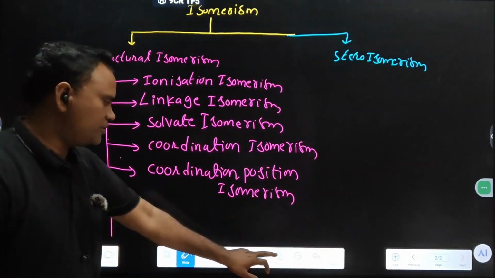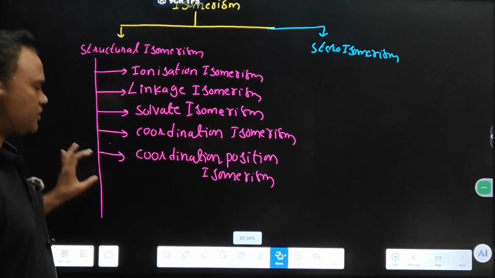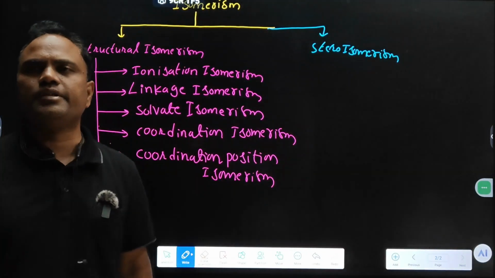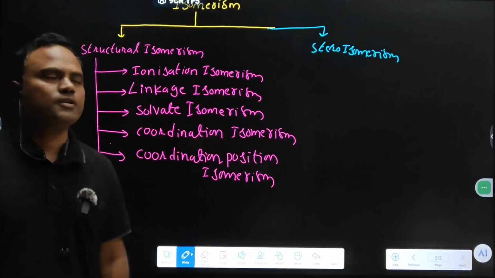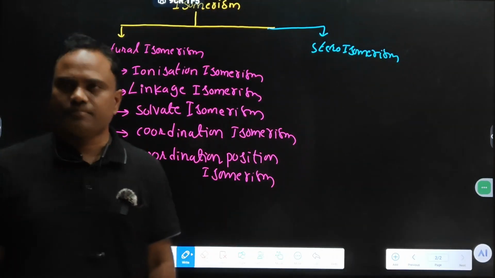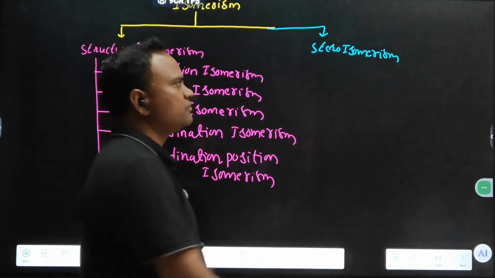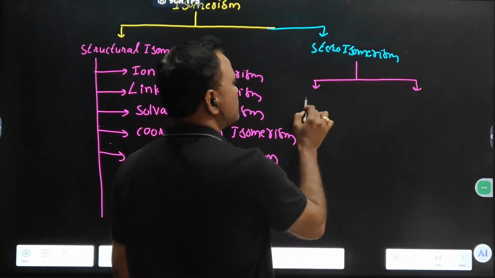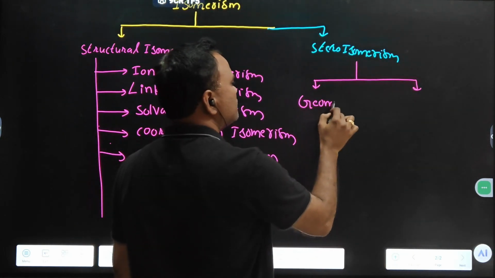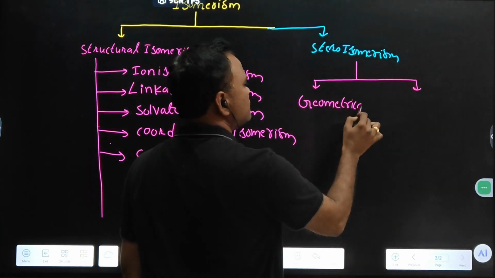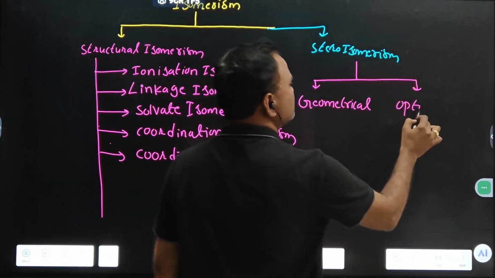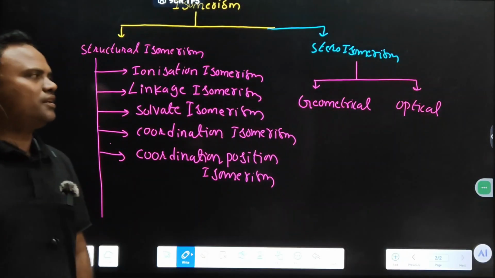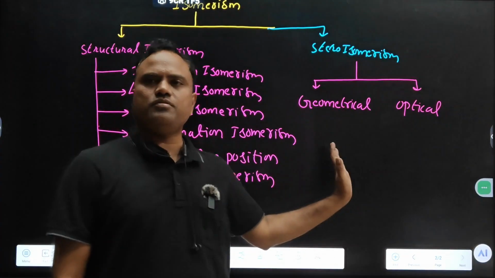Next, stereoisomerism. Stereoisomerism is classified into, tell me, in organic chemistry in first year we did, anybody, online students, how stereo is classified? Geometrical and optical, right? In NEET level, these two are most important.